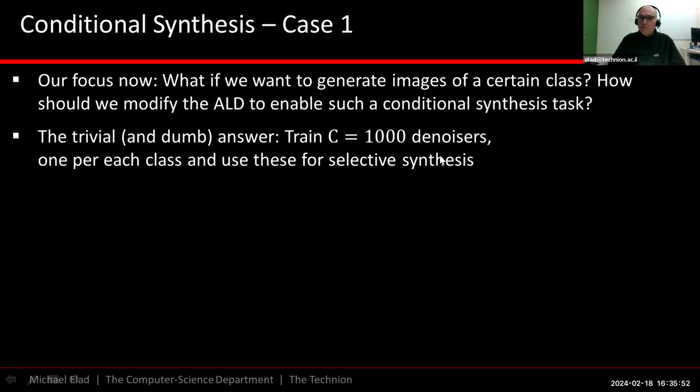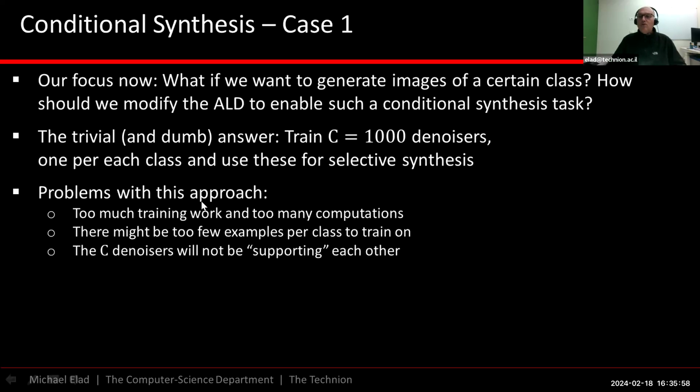You could do that. But this is a very poor approach. Why? Because of several reasons. First, the amount of memory required, the amount of training work required will be huge. Training 1,000 denoisers is simply too much to ask. Secondly, I told you there are 1,000 examples per each class, so you don't really have enough examples to train on.